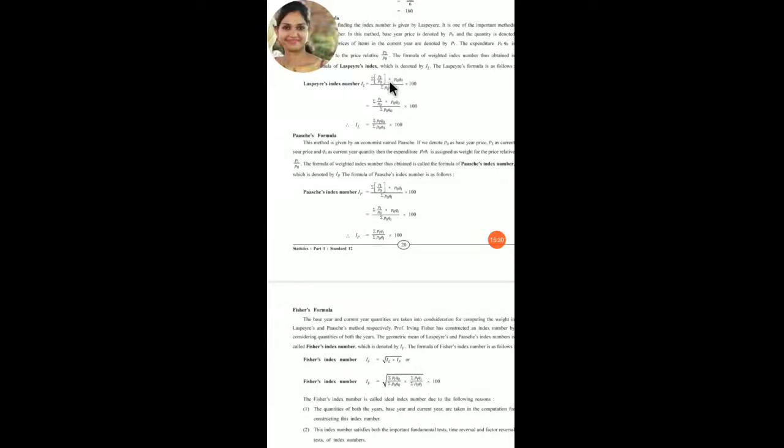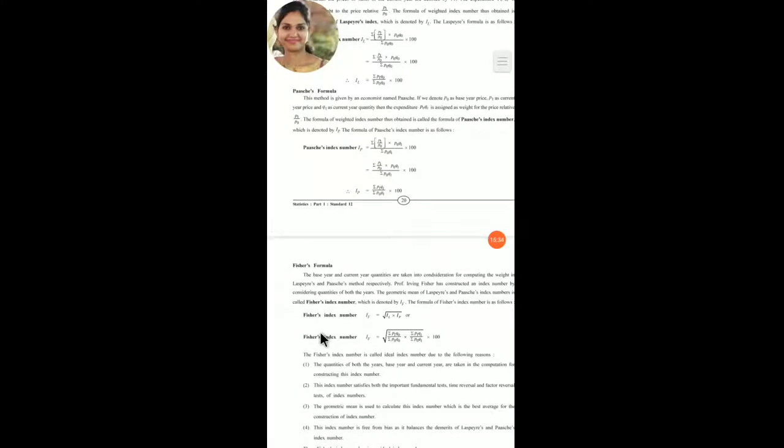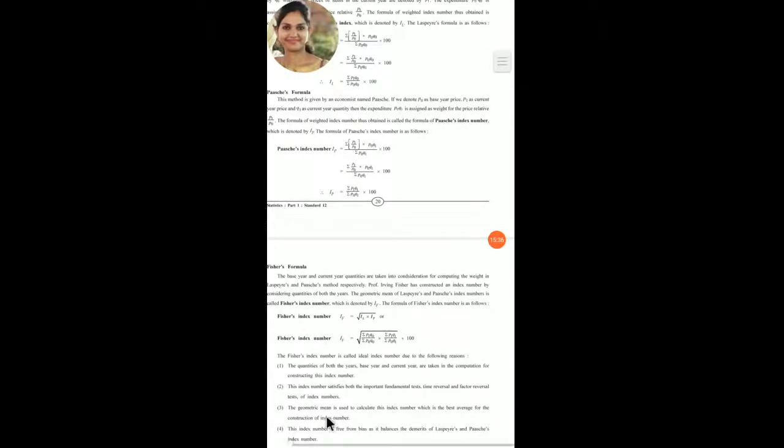Fisher's formula is a combination of Laspeyres and Paasche. See here, Fisher's index number IF, F means Fisher, is equal to the square root of index number by Laspeyres into index number by Paasche, or the second formula is IF is equal to root of IL into IP. What is the formula of IL?